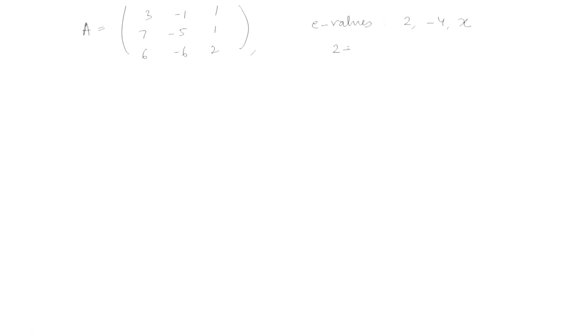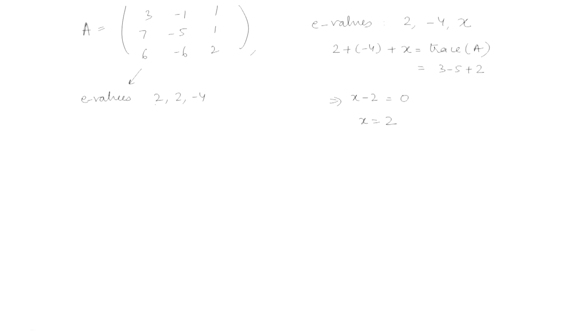We can find it because the sum of eigenvalues is equal to the trace of A, and trace of A is simply 3 minus 5 plus 2, so x minus 2 equals 0, that is x equal to 2. So, the eigenvalues of A will be 2, 2, minus 4.